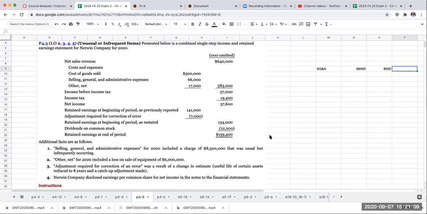When we're looking at how to present this, would we want to include it? We know it's going to be a part of income from continuing operations.